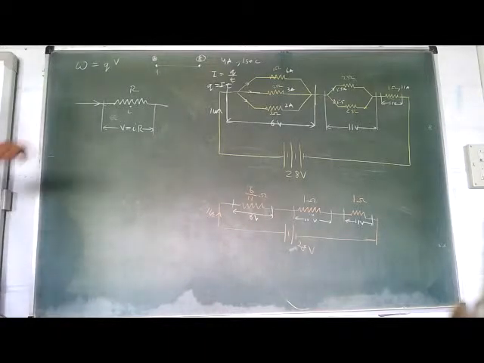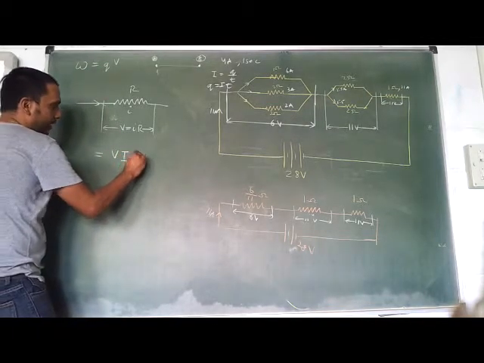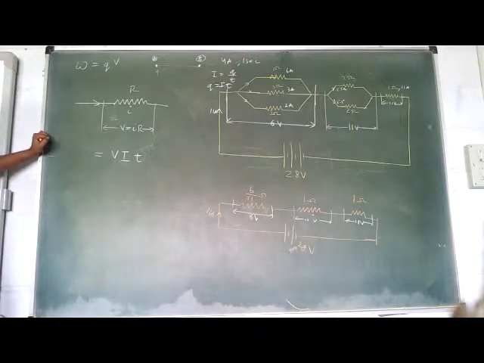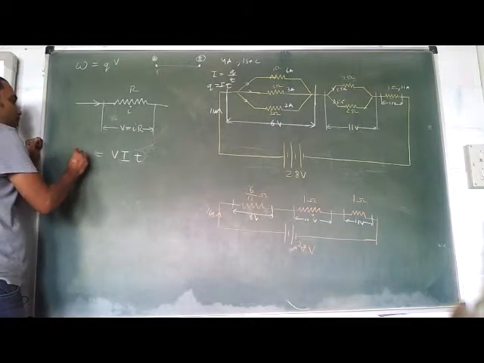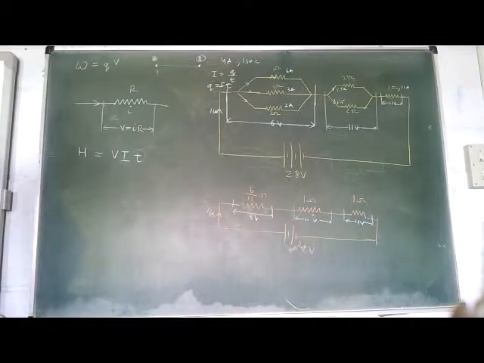So if I want to write this Q in terms of I and T, this formula will become VI into T. This IT is your Q. This is the work performed, or this is the heat generated. This is the heat liberated. Any doubt about this? The heat given out in a resistance is given by the formula H is equal to VIT.